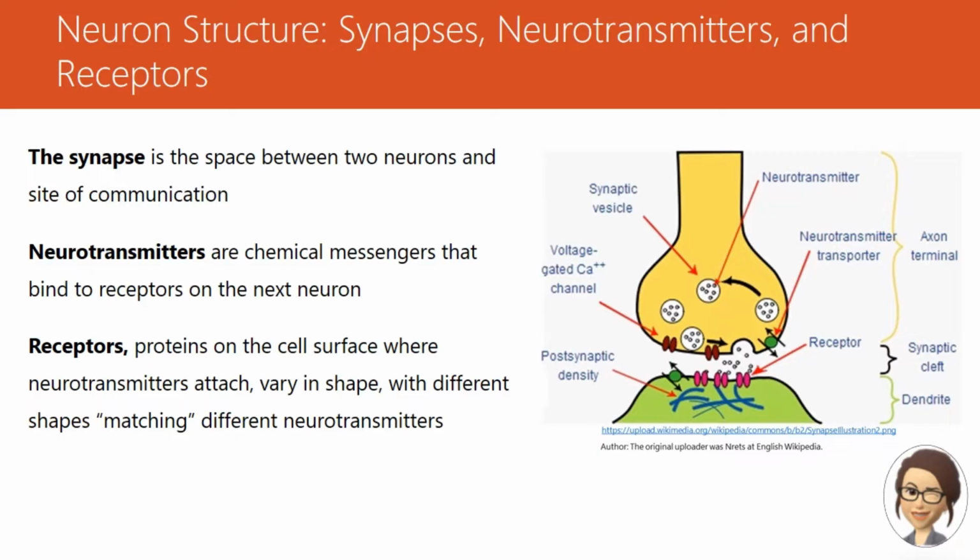As we know, neurons do not touch each other, but where a neuron does come close to another neuron, a synapse is formed between the two.